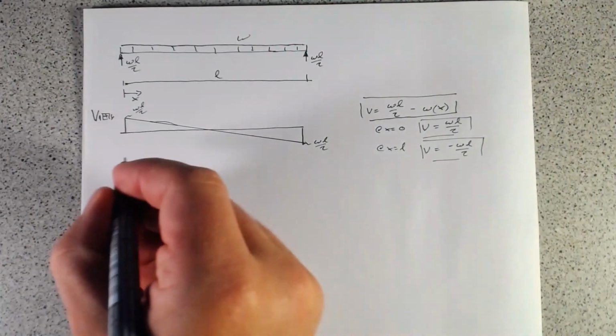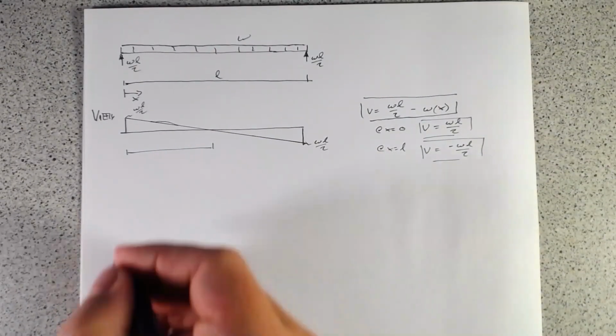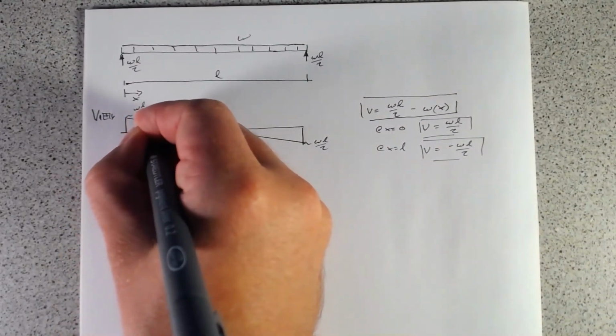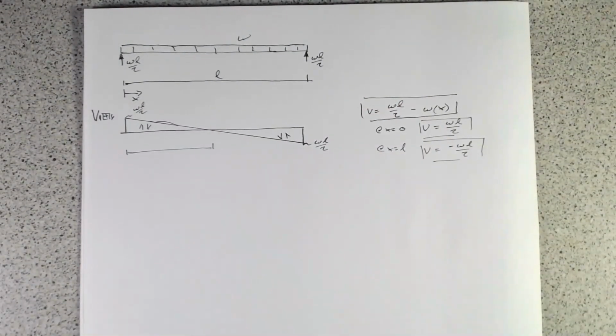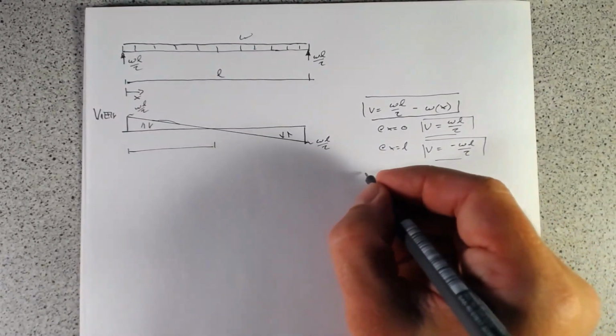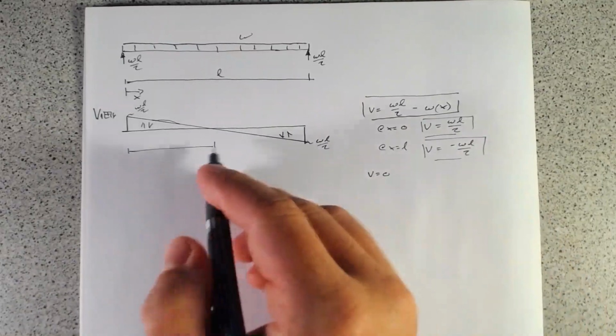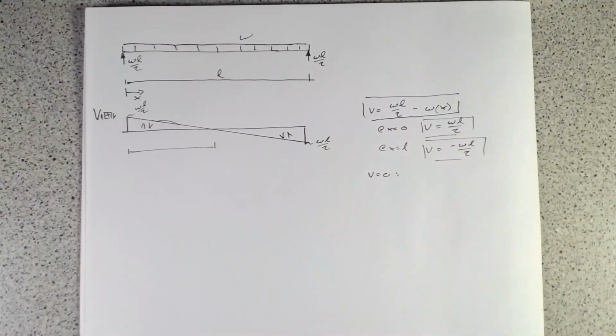And what we want to find out is the location at which it equals 0. So on my shear force diagram, I'll even put the sign convention so we know what's positive and what is negative. And so V equals 0, so this point right here, well, we can just set this equation equal to 0.